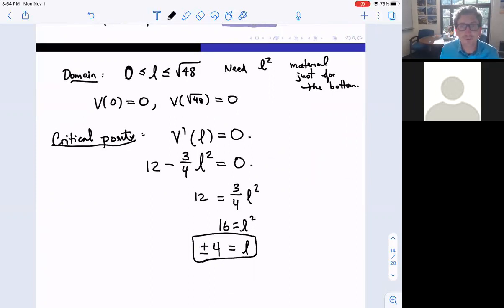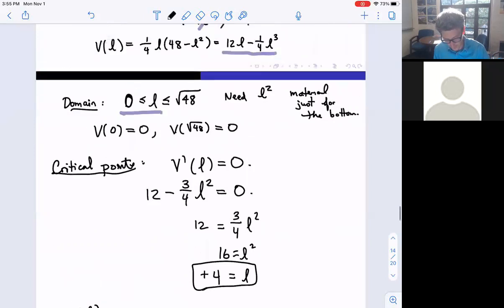And I hope you're thinking, wait a minute, L can't be negative. You're right. We said our domain was that L had to be positive because it's representing a length. So the only solution that we really care about is going to be L equals 4. And so now let's check what that is. At L equals 4, we can plug into our volume.